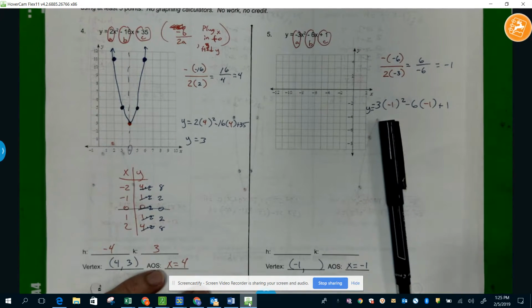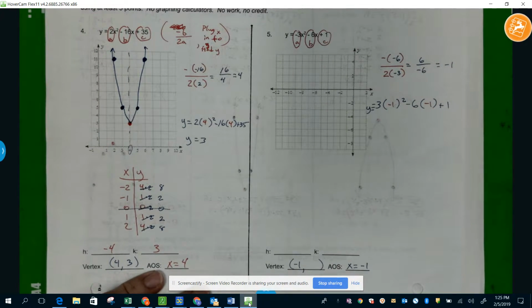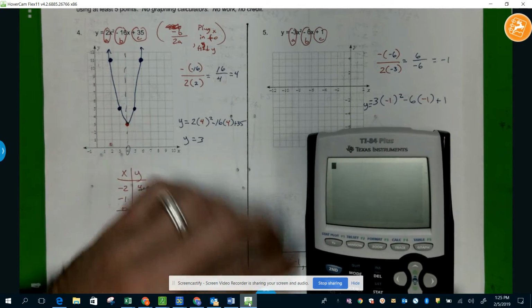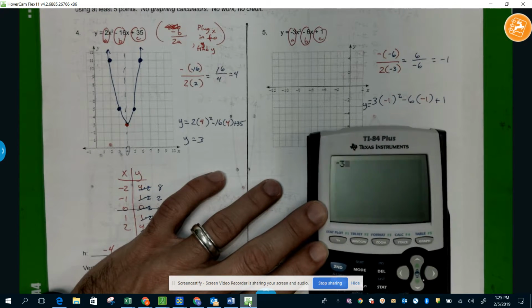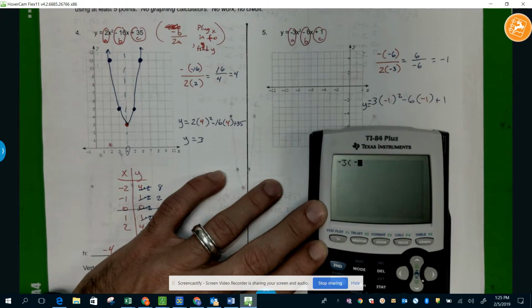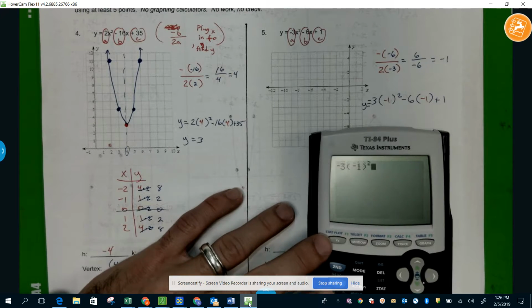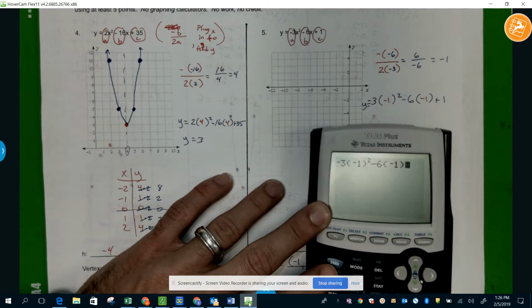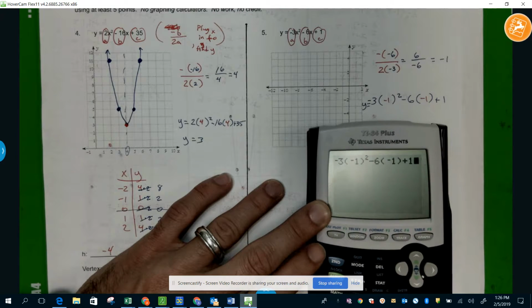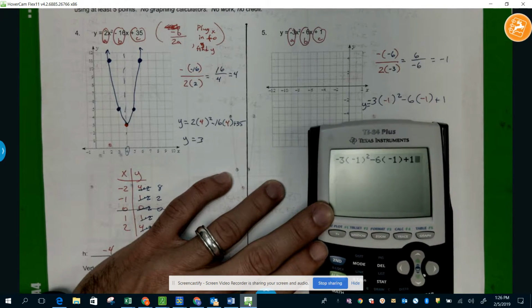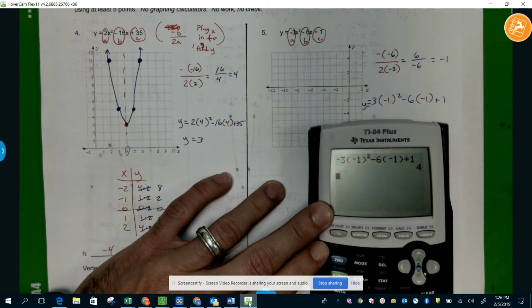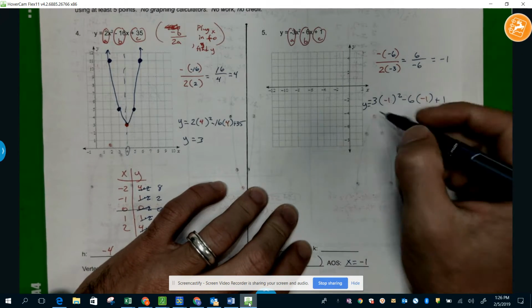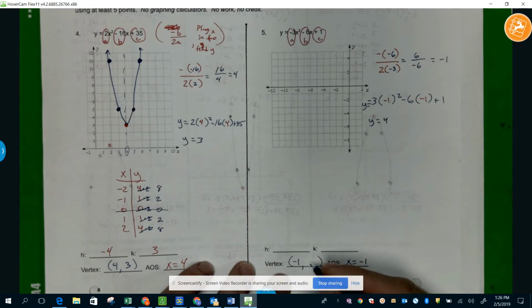Back to my calculator, plug it in exactly like you see it: negative 3 times negative 1 squared minus 6 times negative 1 plus 1. That looks right. So our y value is 4. y equals 4.